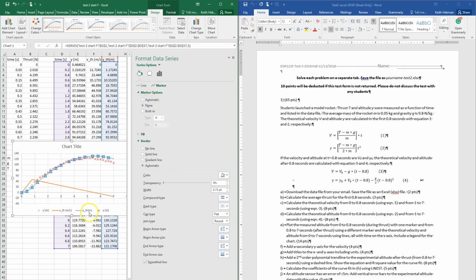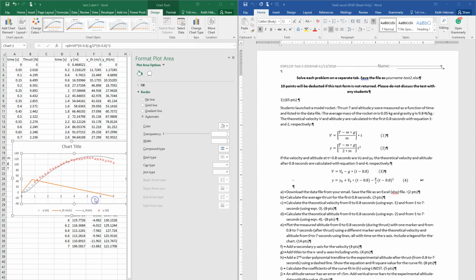So this is the theoretical, and then we have to change our labels here. And so we go to select data.